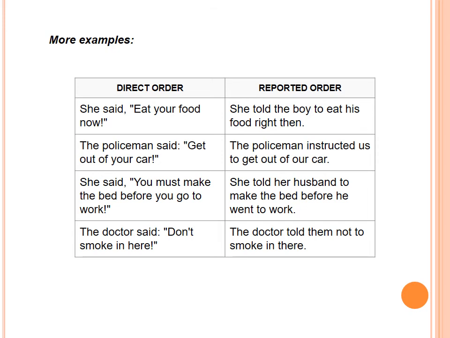More examples. Please read them and try to understand what happened with pronouns and tenses.